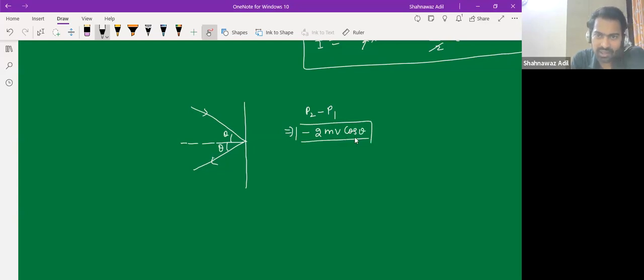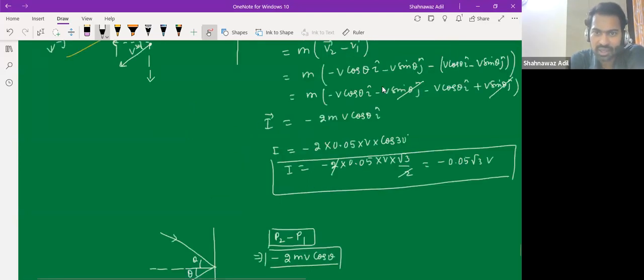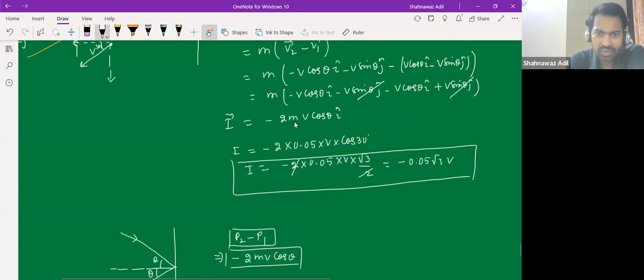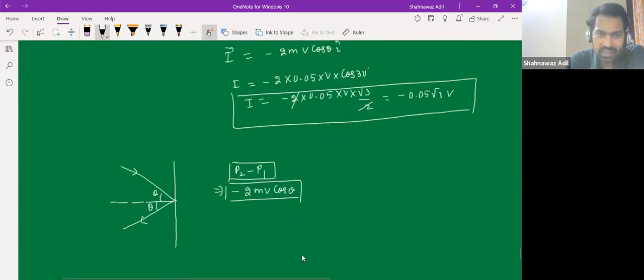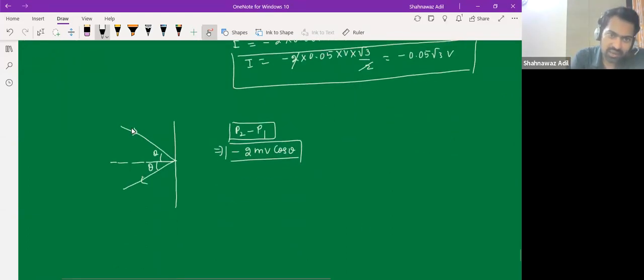Did you guys understand this part? Yes, sir. Okay, so you can directly write it. I wrote it like this so that you guys can understand. But you can directly say that this will have the cos theta and sine theta, and this will also have sine theta and cos theta component.